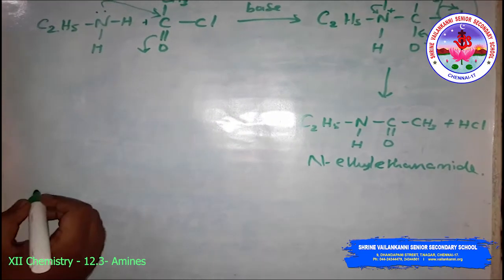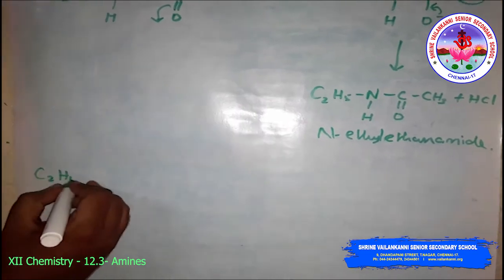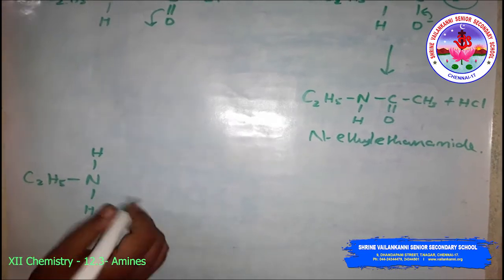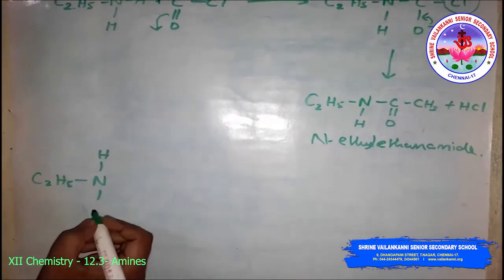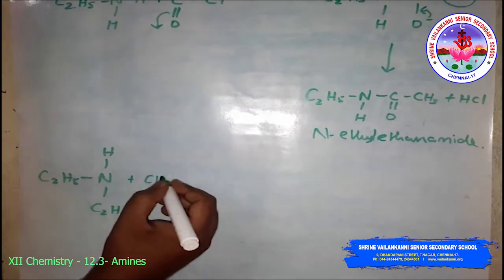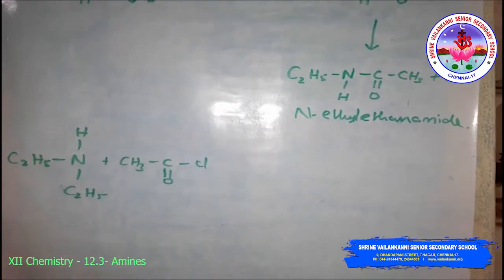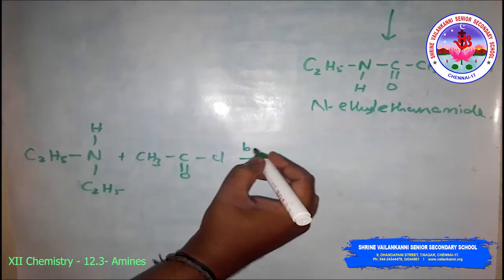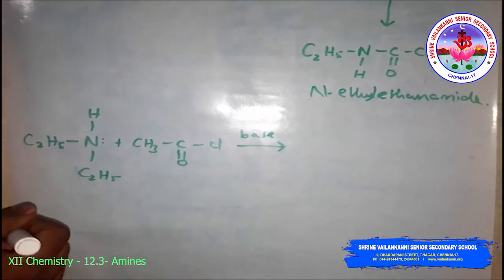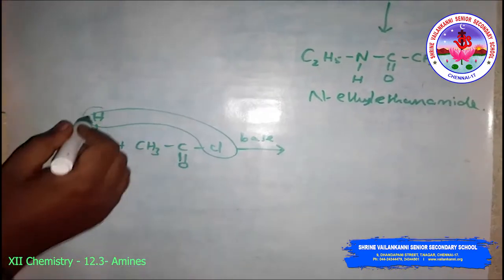Similarly, take N-ethyl ethanamine, C2H5NHC2H5, because it is a secondary amine, it reacts with the acid chloride, CH3C double bond O Cl, in the presence of base. The lone pair of electrons again joins this group with the removal of HCl.